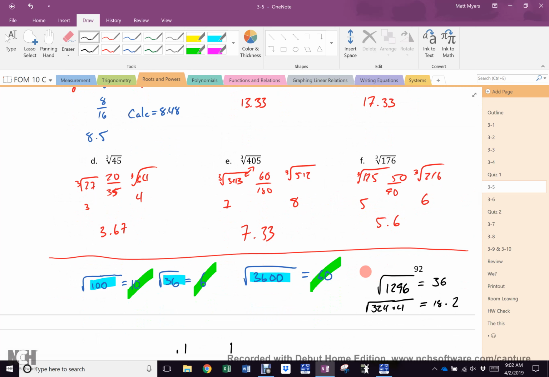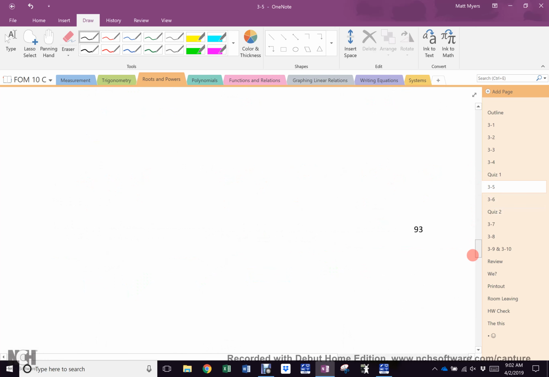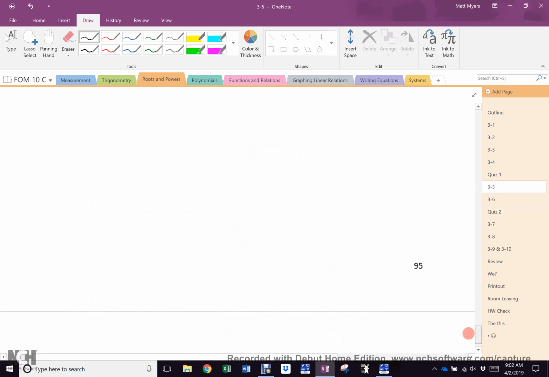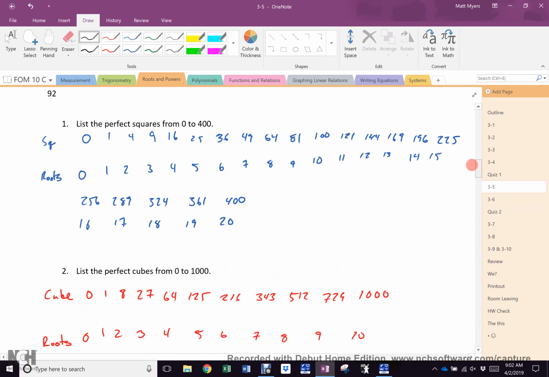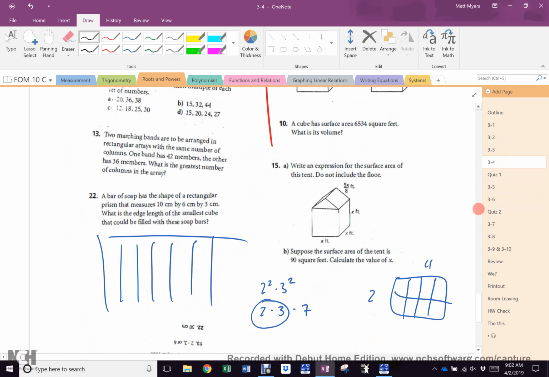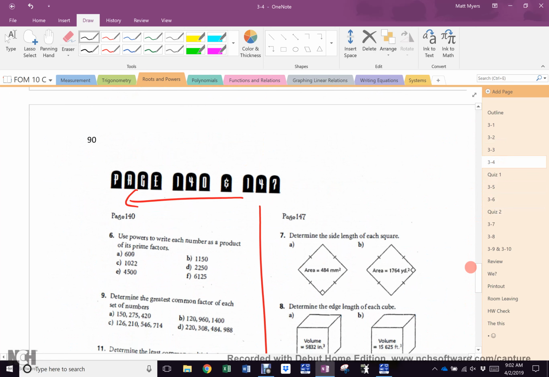Maybe, maybe not. Does it matter? No, because this is the practice. Everybody good? Try these, and then remember this page? How we only did what was on the left? Now you're going to do the right.